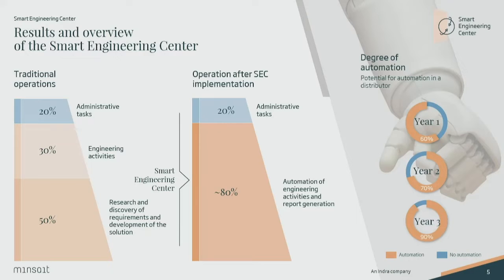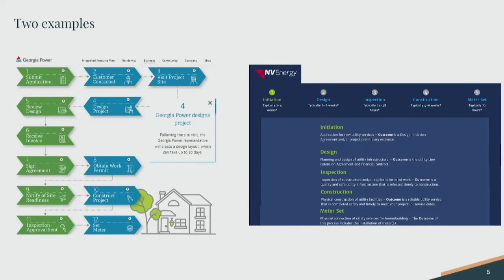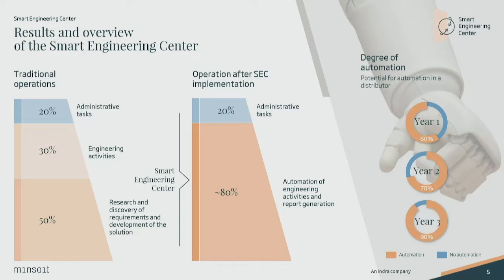All right, so a traditional operation will be 20% administrative tasks, 30% engineer activities, and then you have research, discovery requirements, site visit, etc. The objective that was reached is 80% automation.